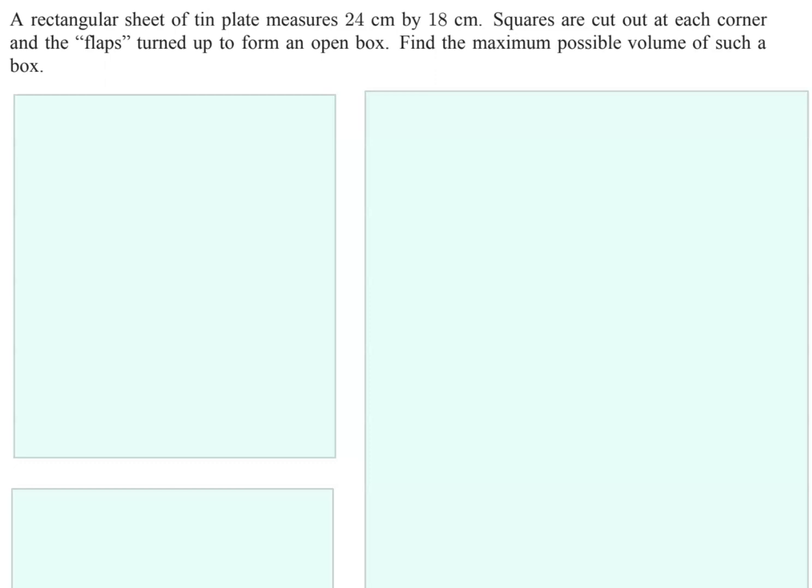You cut out, with a pair of tin snips, squares of equal size from each corner, and then you can fold up the flaps, and you get a box that's open on top. Depending on the size of the squares you cut out, the volume is going to be different. So your problem is, can you find out what size the squares should be to give the maximum volume?